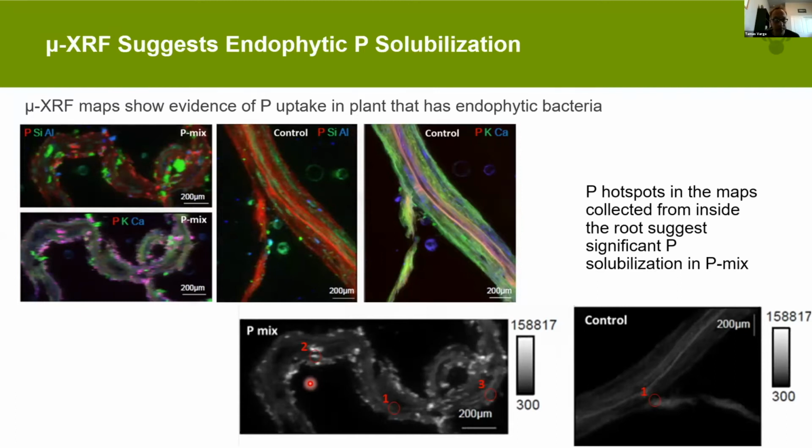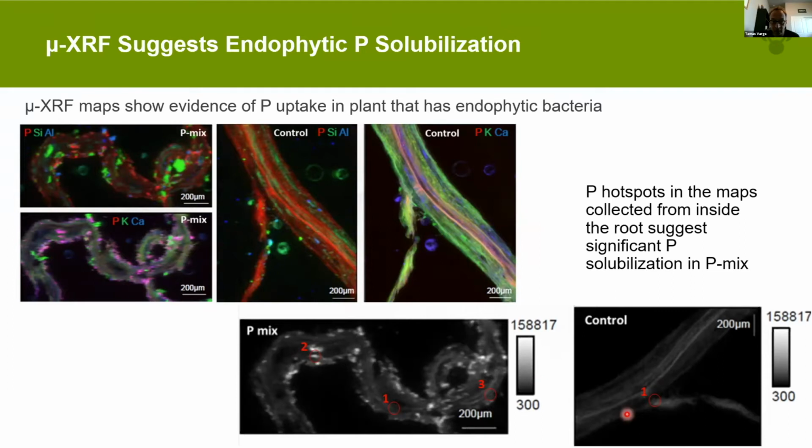Here we are comparing PMIX and control samples, and I'd like to bring your attention to the bottom two images, which are grayscale images brought to the same phosphorus intensity scale so that we can directly compare phosphorus distribution. What I'm showing here is a general view among the samples: while the control had this homogeneous phosphorus distribution in this longitudinal root section, and these are thin sections, the PMIX samples showed a lot of high concentration spots, hot spots containing phosphorus.